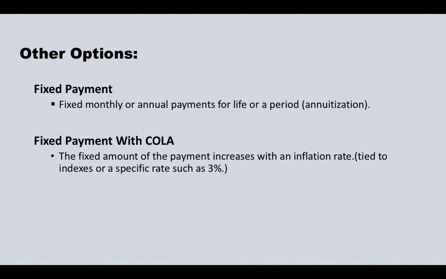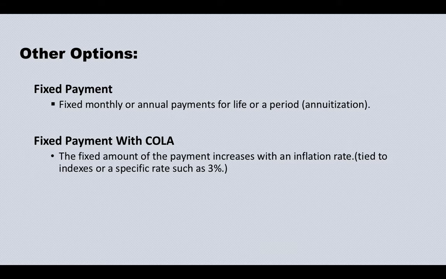Then there are some others, such as fixed payment. Let's say you have $1 million and you fix the payout for 20 years; you can get $120,000 per year, instead of payments for your life. Then there is fixed payment with COLA, the cost of living adjustment.